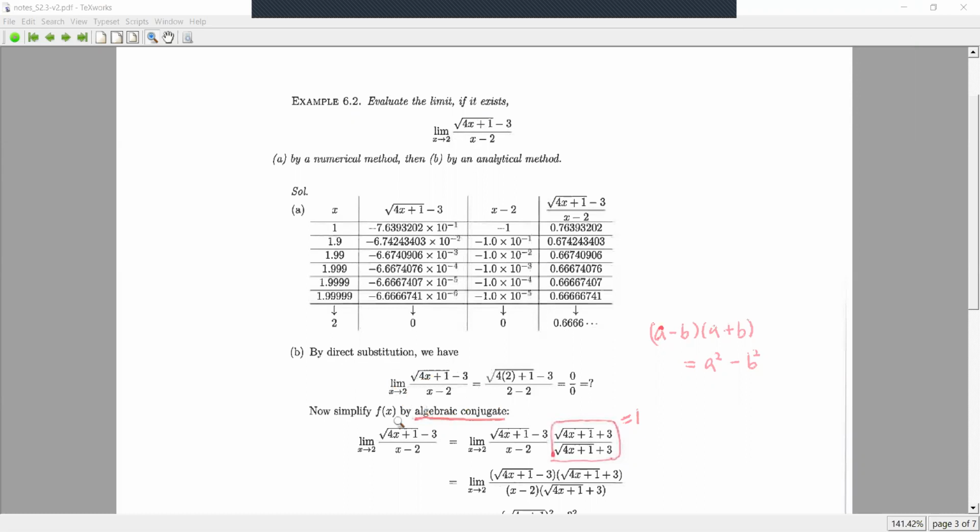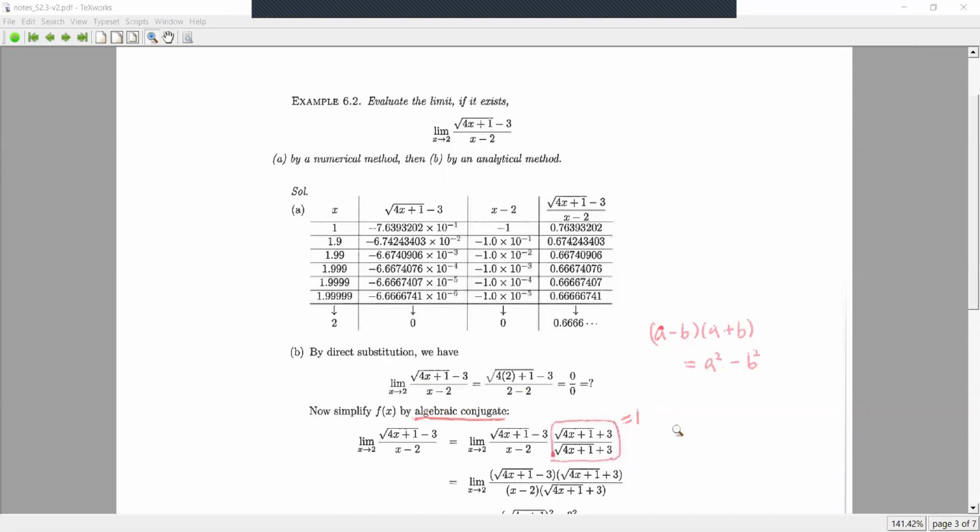To find the limit, we simplify the function, this time by algebraic conjugate, that is, by using this formula. I want to use the square here to cancel the square root.